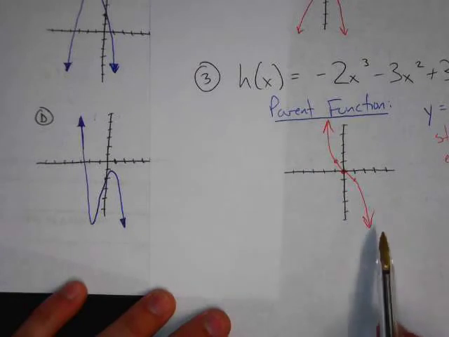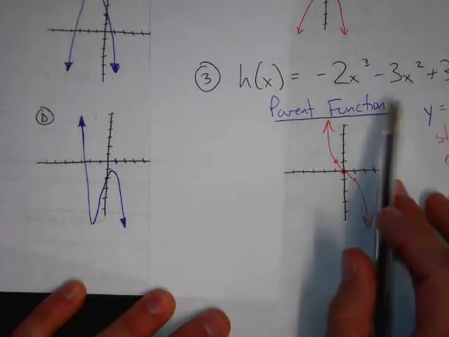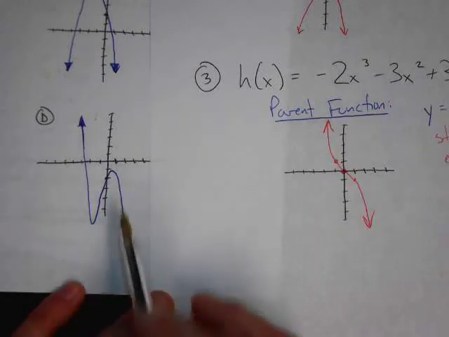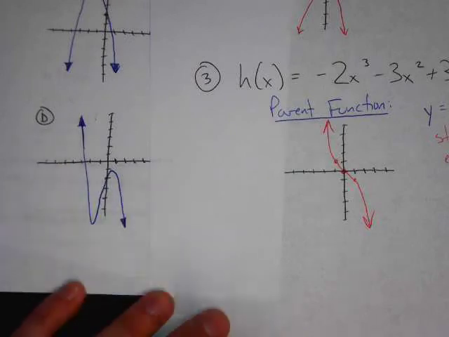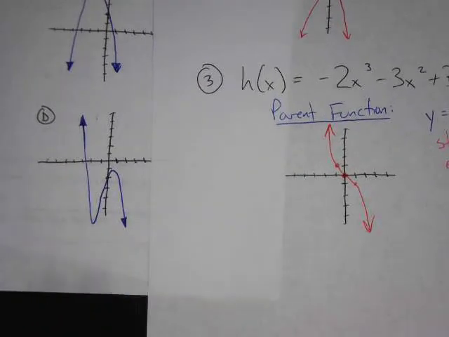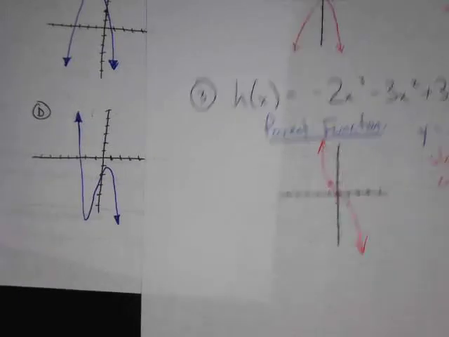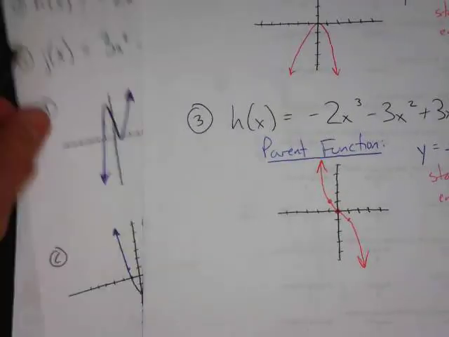Negative x to the third power. But when you add all this other stuff in there to the parent function, it's going to bend it a couple times. We'll get more into that later, but that's what's called end behavior and how that matches. So we know that for equation 3, it is graph D. That is the match. Okay?